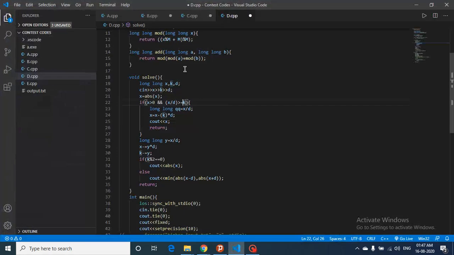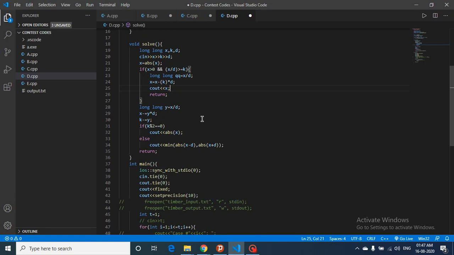That's what I've done. I will find out x divided by the hop distance, which will tell us how many hops it will require to reach 0. If k is smaller than this, I can do all the hops, reach as close as possible, and just output x.